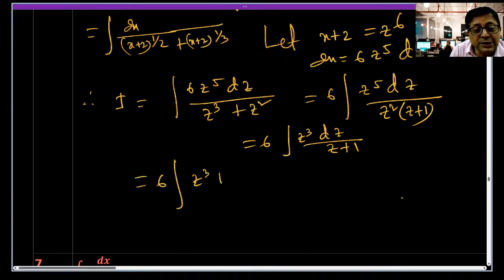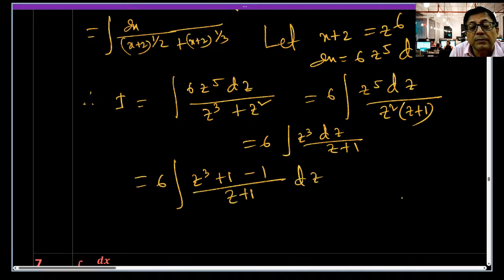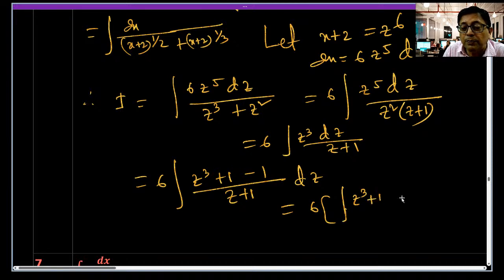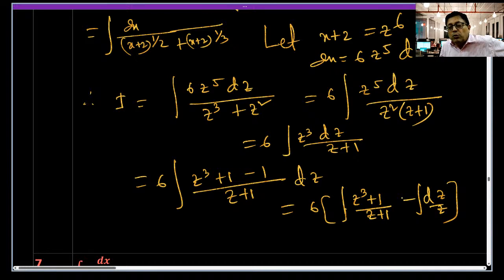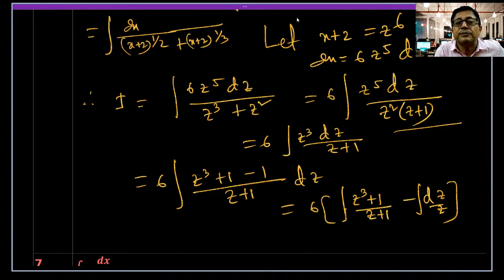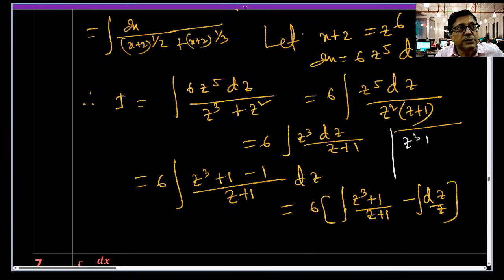This one you write as z cube plus 1 minus 1 by z plus 1. Clear? Why have I done so? Because z cube plus 1 you can write in the form of z plus 1 times z square minus z plus 1.